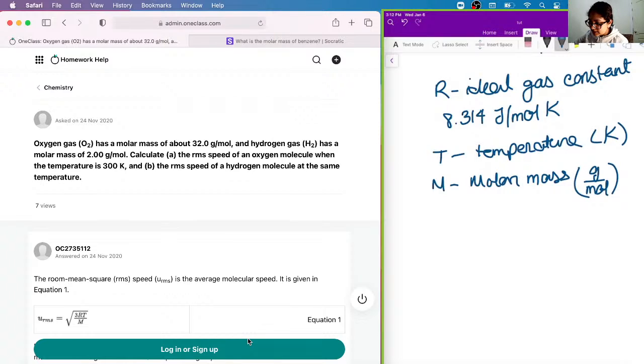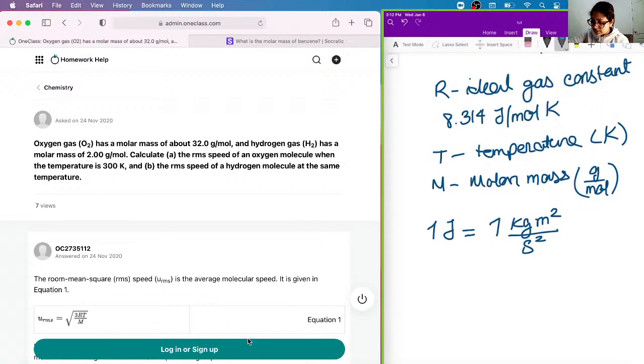In addition, 1 joule is a conversion unit. 1 joule is equal to one kilogram meter squared over a second squared. Okay, so this is just a conversion unit.